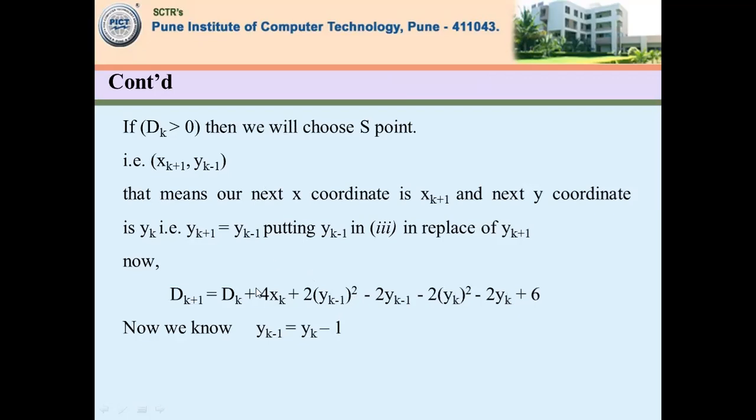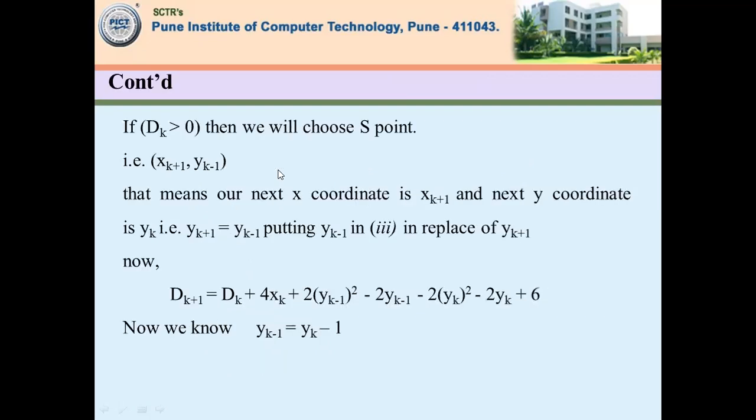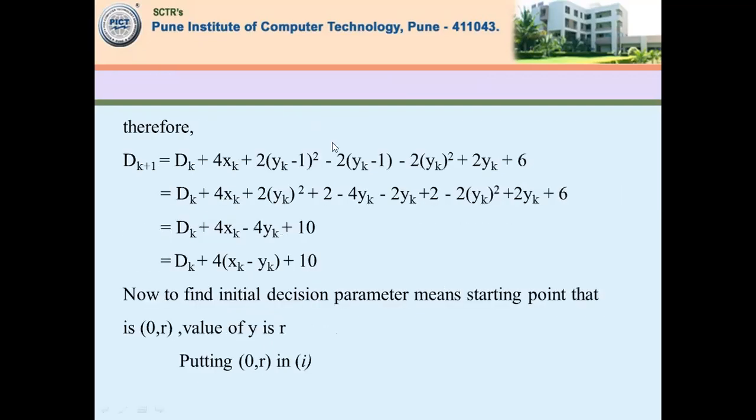Just go on putting the values over here: dk plus 4xk plus 2, now yk minus 1 over here, minus 2(yk minus 1), minus 2yk square plus 2yk plus 6. Calculate it. Some terms get cancelled with each other, and whatever remaining terms are there, you will get this value whenever d is greater than 0. In that case you are going to move to the south pixel, that is the downward pixel.